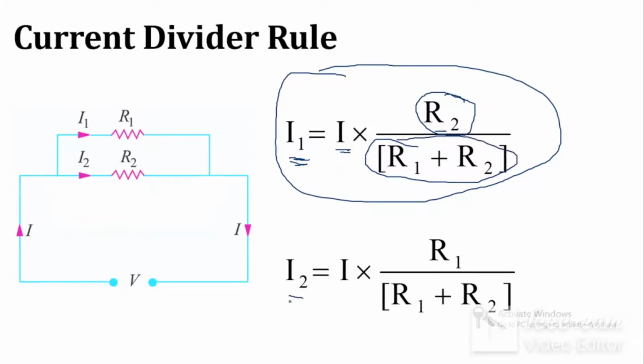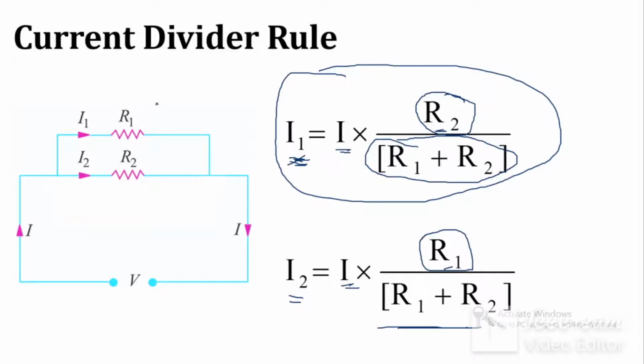Now for I2, I have to multiply I with the resistance which is parallel to R2. So I have to take the opposite resistance when I want to find out the individual branch current. If I want to find I2, I have to multiply with R1. If I want to find I1, I have to multiply with R2, and the denominator will remain the same, that is R1 plus R2.